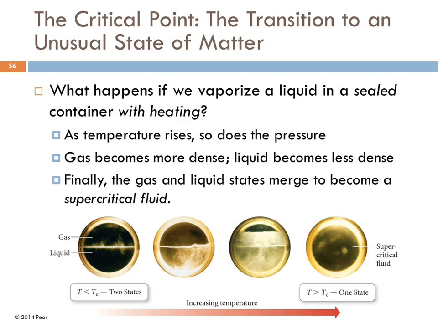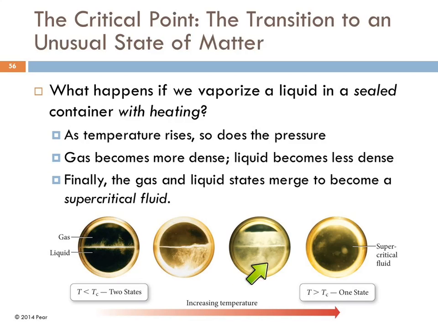And this is an actual photograph of this happening in a container. So you've got the liquid and you've got the gas, and as you increase the temperature, the liquid becomes less dense and the gas becomes more dense because of the pressure. It's being squished together.